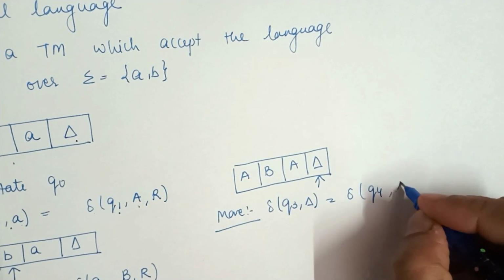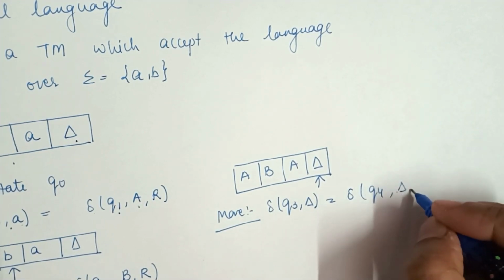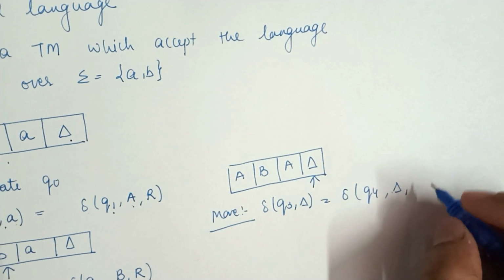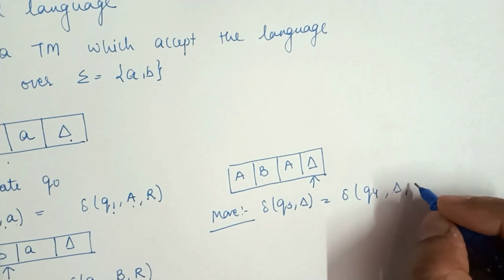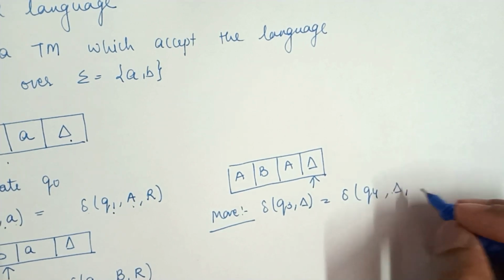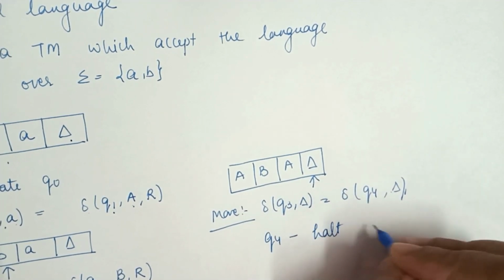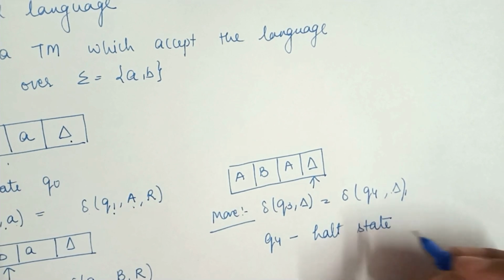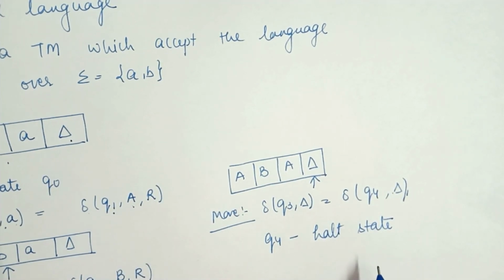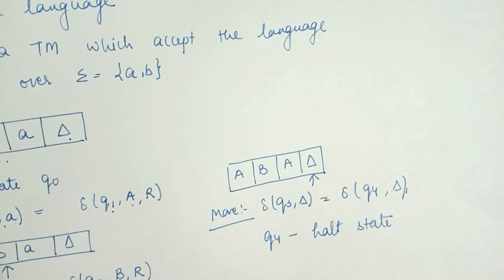Delta remains as delta. So it will go to Q4, and this Q4 is the halt state. Halt state is always an accept state for any Turing machine.